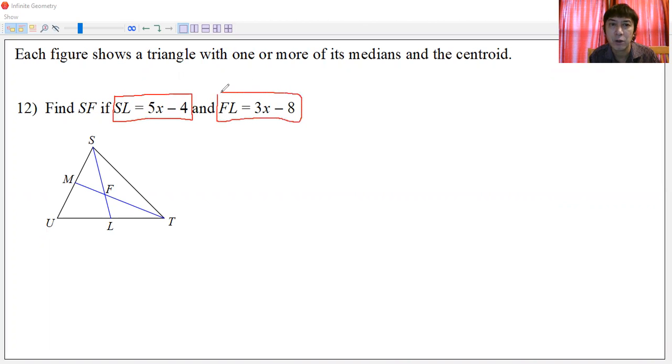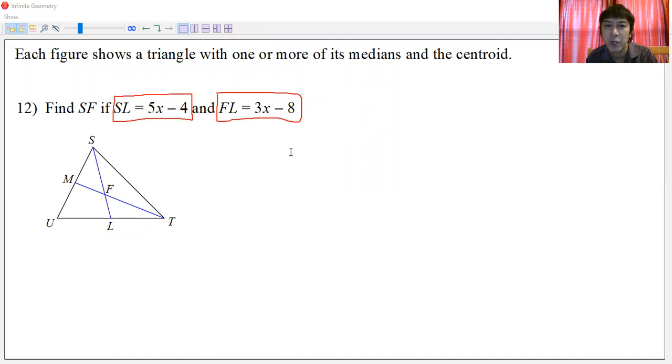So we can make use of the FL, which is the shorter, and the entire length SL, and how they are related. The FL is the shorter, which if you multiply it by 3, gives the entire length.